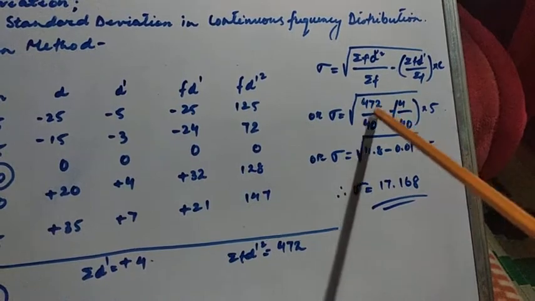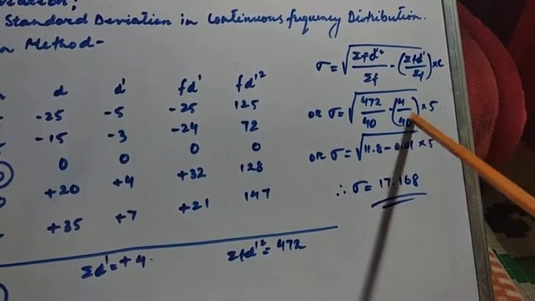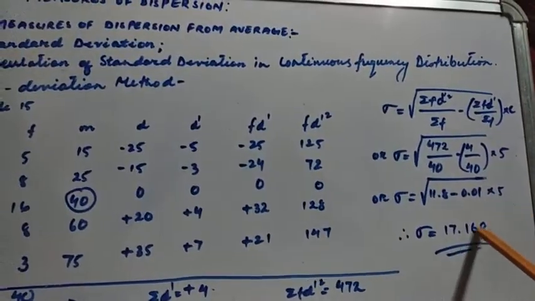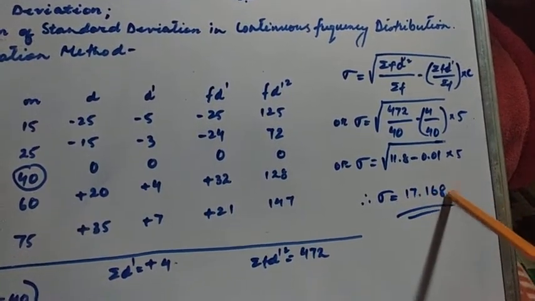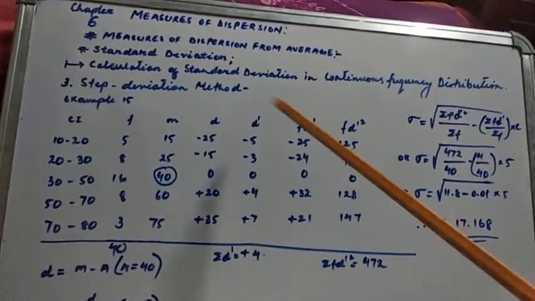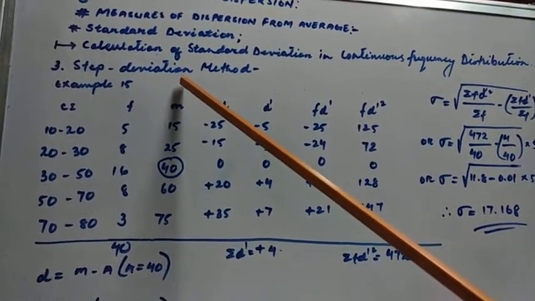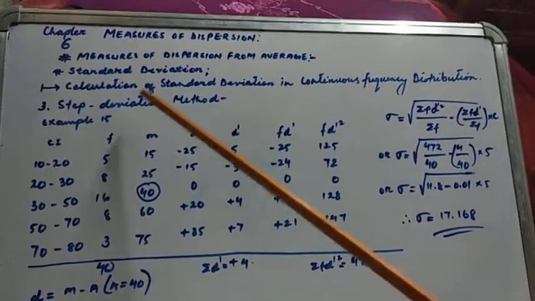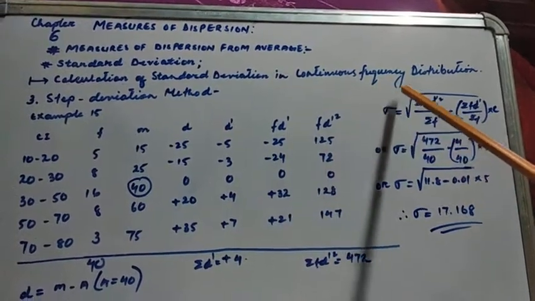When you divide this you get 11.8 minus 0.01, into 5. So the value of the standard deviation by the step deviation method is 17.168. This is the answer, which is the same as the answer we got for the assumed mean method and the actual mean method. So that is standard deviation for continuous frequency distribution.